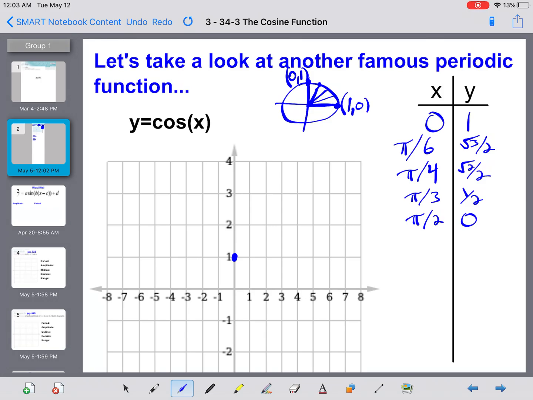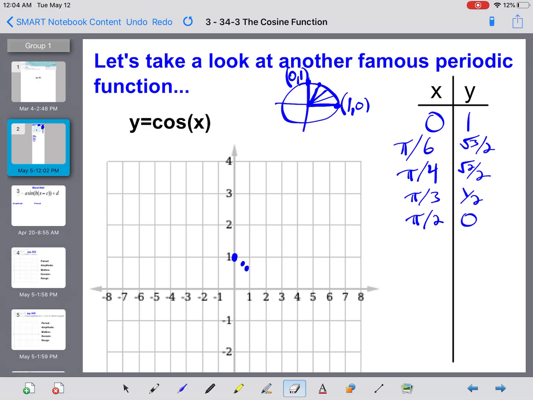So when we're a little bit over 1/2, we're up at 0.86, which is maybe right about there. Pi over 4 gives me an x value of about 0.78, maybe about 0.8, so maybe right about there. And root 2 divided by 2, and again I'm just getting all these decimal values here, is about 0.7. So a little bit less, right about there, is my next point.